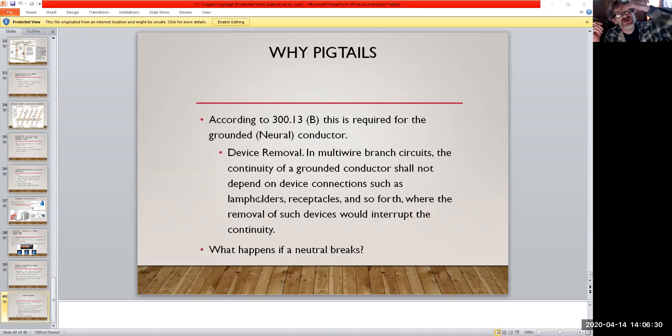You never want to be device dependent on a branch run, because you're feeding multiple receptacles or multiple lights or that kind of thing. So you never typically wire directly. What you'll do is, in a case where you have a couple of wires, you typically run a pigtail out so things further down the line are not interrupted by a device failure.